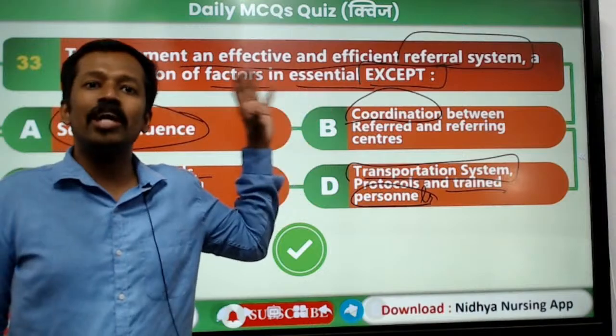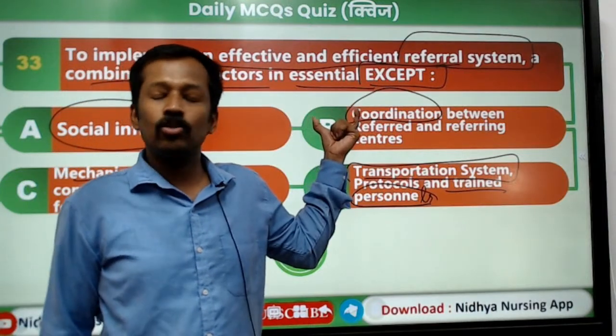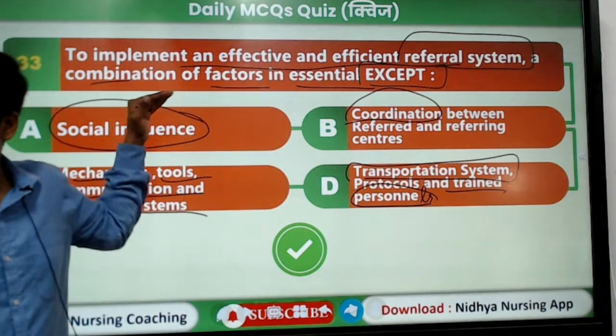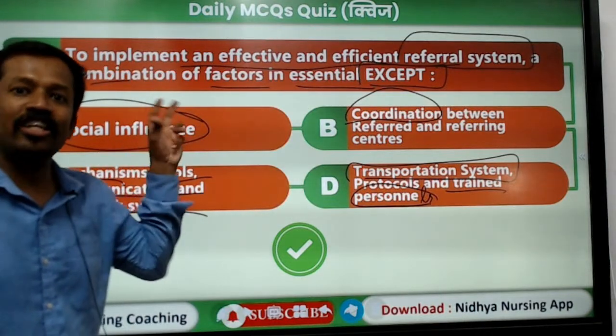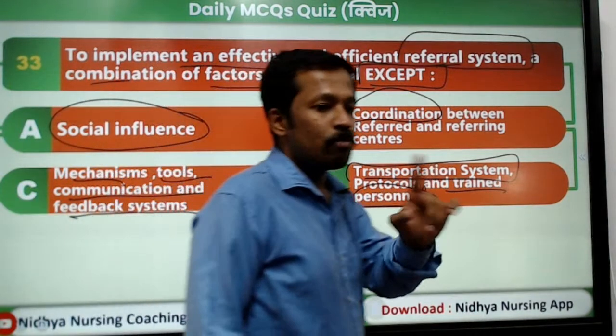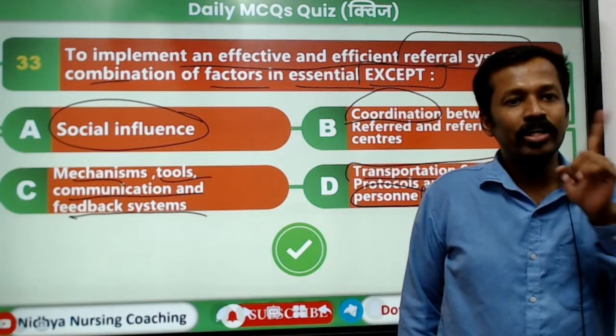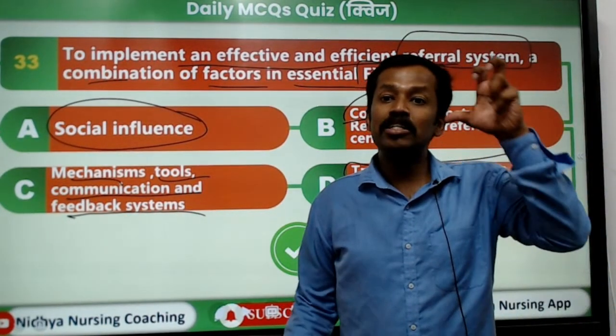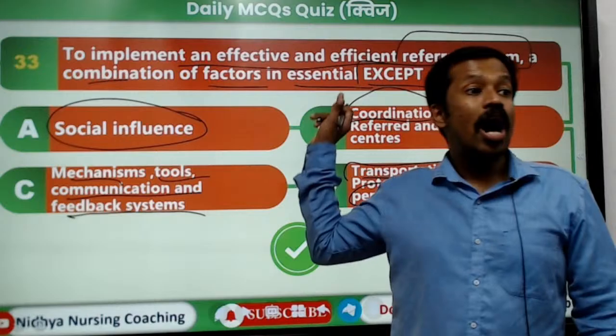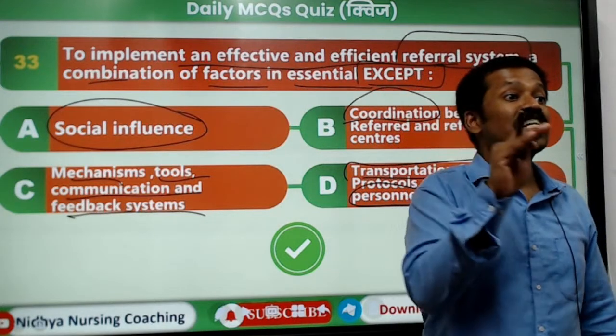Social influence is also needed, but it is not that much important as compared to other basic functional properties.